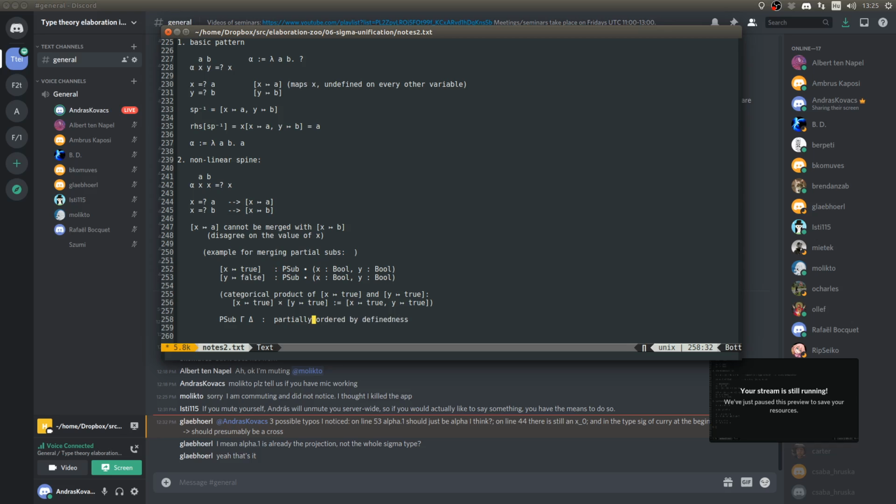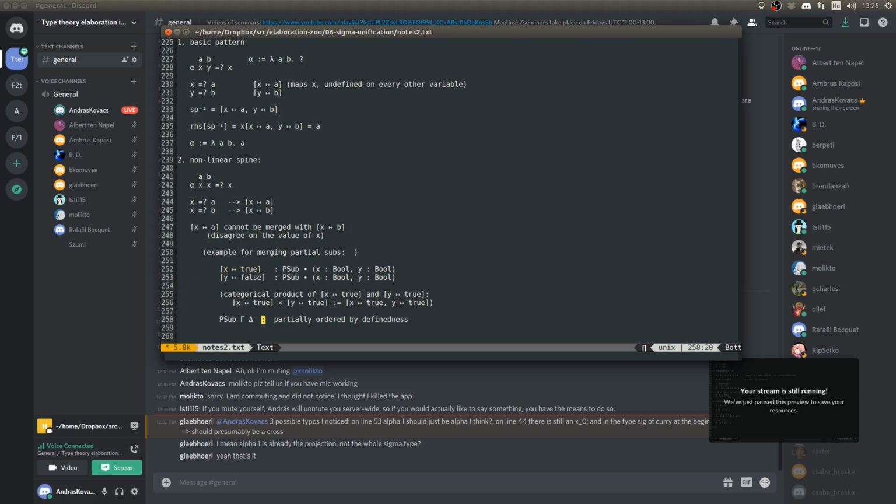Two partial substitutions which do not disagree on any mapping can be merged together into one which is more defined than either constituent.